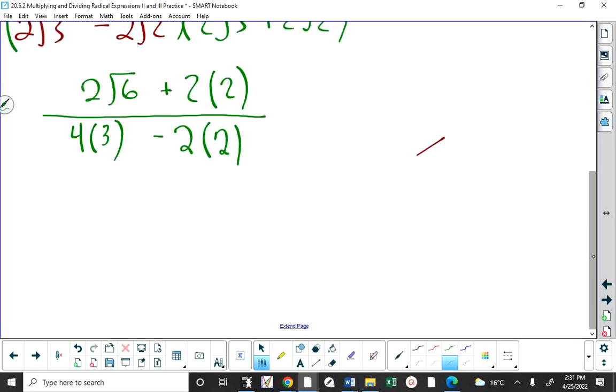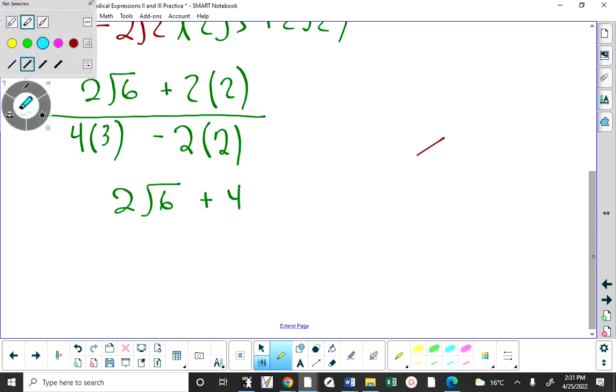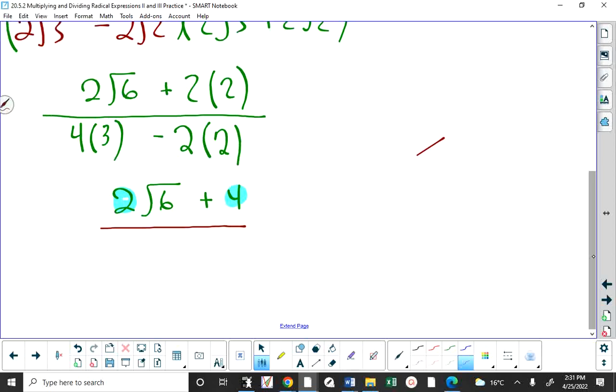Okay. So now what do we get on the top? 2 root 6 plus 4. And it's at this point in time that a part of my brain is starting to go, well, look at this. The coefficients are both even. So I'm already looking ahead to the bottom, hopefully being an even number. I have 12 minus 4, which is 8.